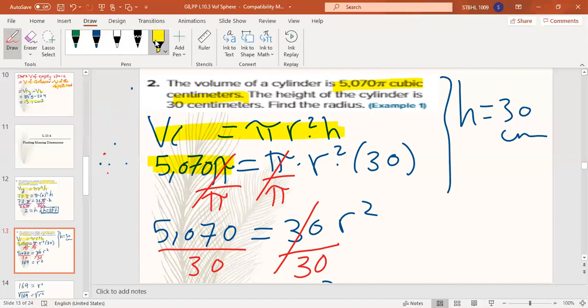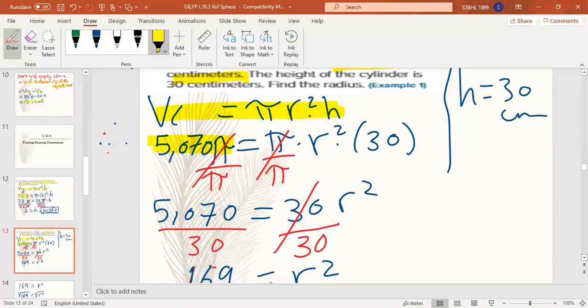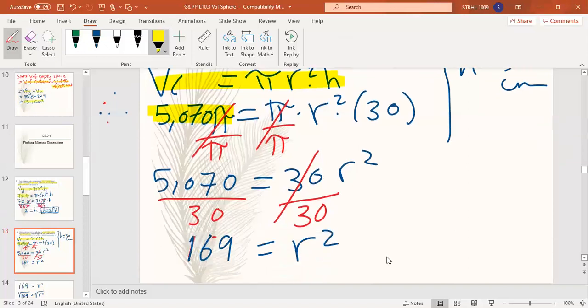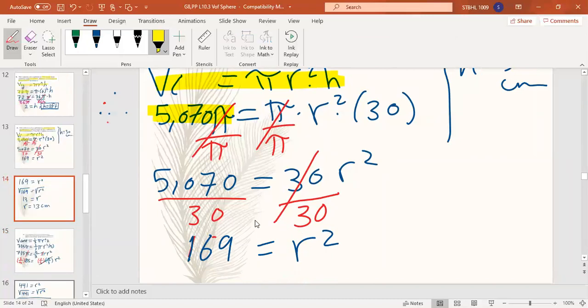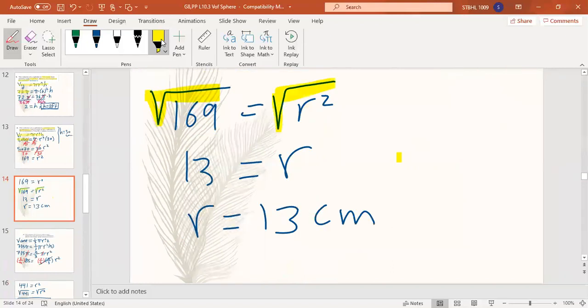You can divide both sides by pi to get 5070 equal 30 r squared, and I want to isolate the r squared, so I divide both sides by 30. So r squared equals 169, and to get r, we need to take a square root of both sides. So r equal 13, so radius equal 13 centimeters.